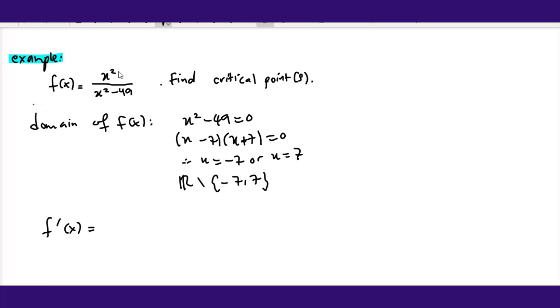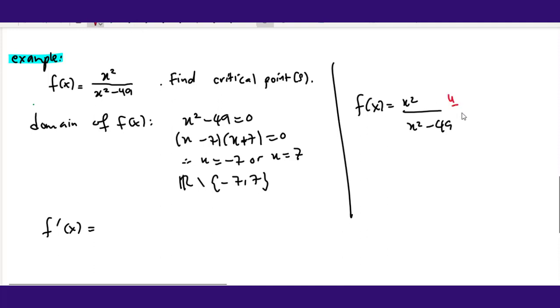Now we differentiate f with respect to x. This is in the form of a ratio, so use the quotient rule. f(x) is x squared over x squared minus 49, which is u over v. Using the quotient rule, y prime is u prime v minus u v prime over v squared.